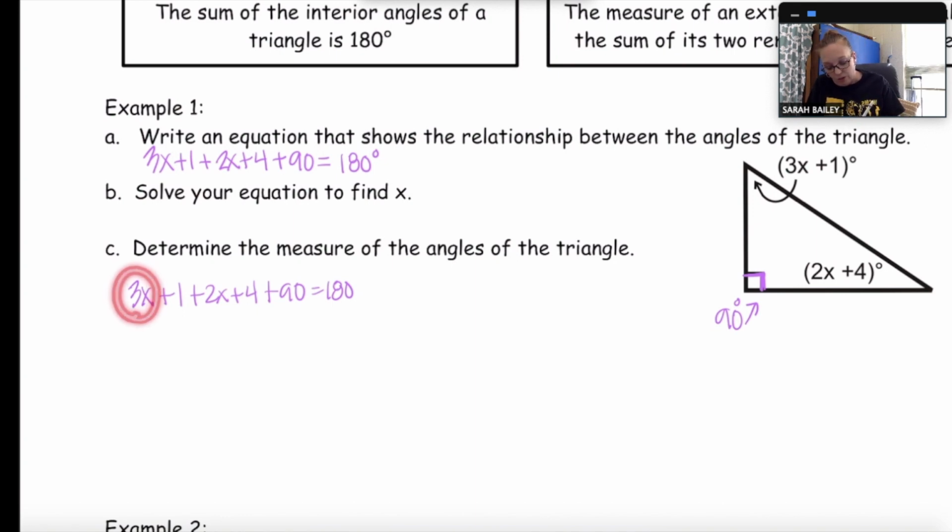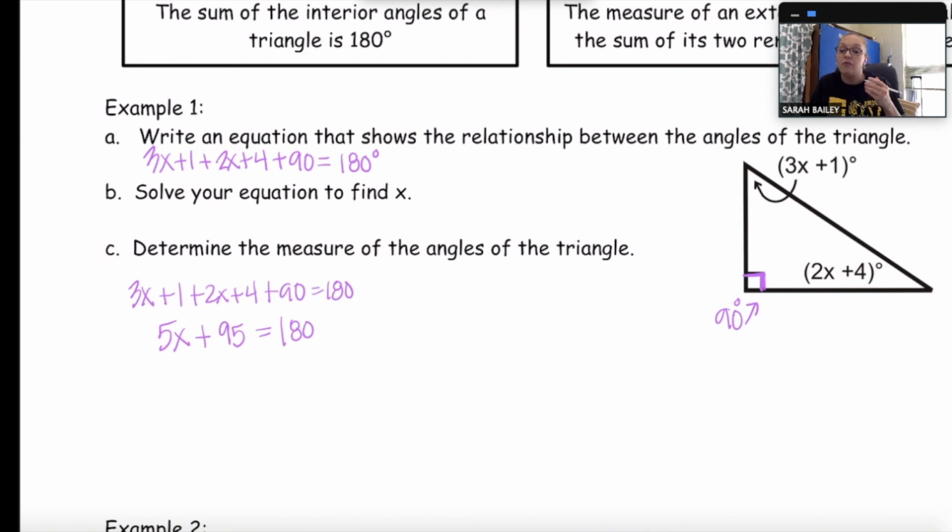On this side I have a 3x plus a 2x, so 3x plus 2x is 5x. And then I have positive 1 plus 4 plus 90, so that would be 5 plus 90 or 95. And it's positive, so I'm going to write plus 95. Then I'm going to bring down the equals and the 180.